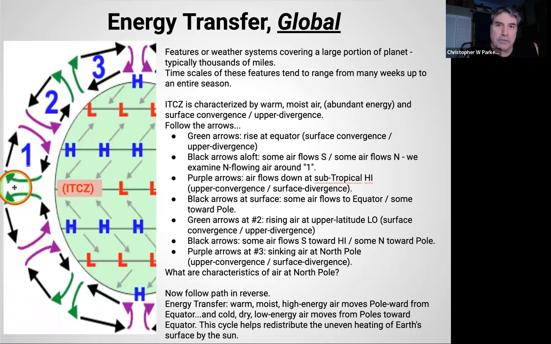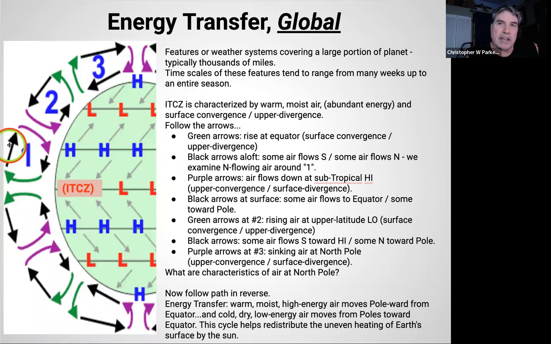And then when those green rising winds get up into the upper levels of the atmosphere, some of them turn south toward the South Pole, and some of them go north. We're going to focus on the air molecules that go north along that black arrow. So these air molecules are moving north, trying to redistribute energy, all that heat and all that moisture from the equator to the North Pole.